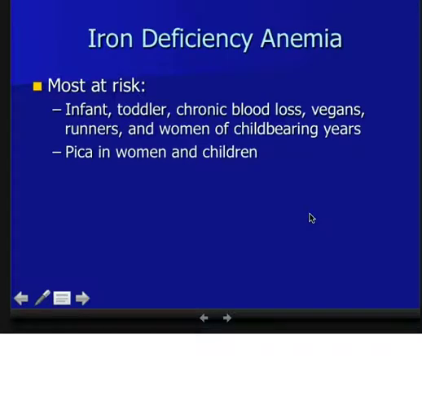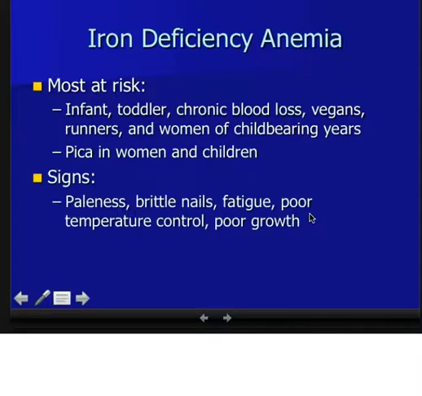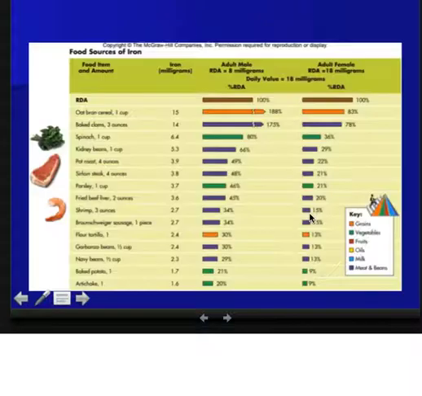Most at risk are infants, toddlers, those with chronic blood loss, vegans, runners, and women in childbearing years. It can result in pica in women and children. Signs are paleness, brittle nails, fatigue, poor temperature control, and poor growth.